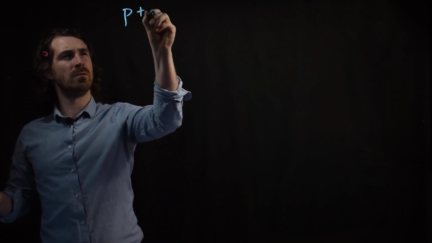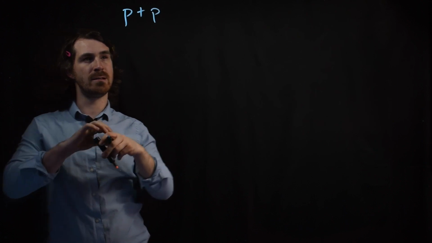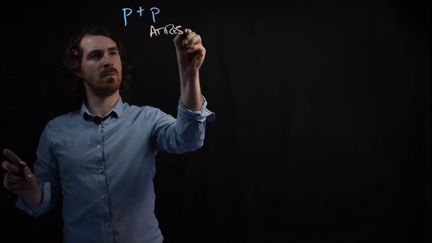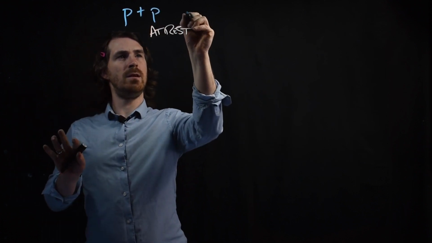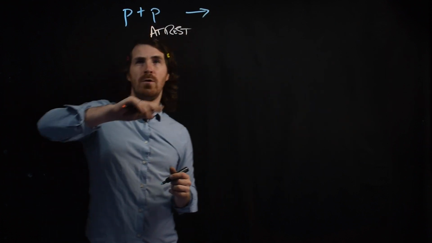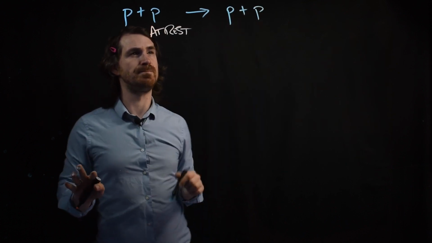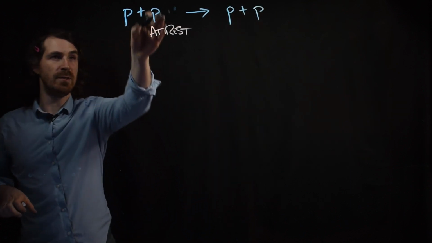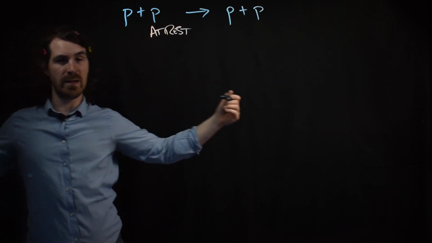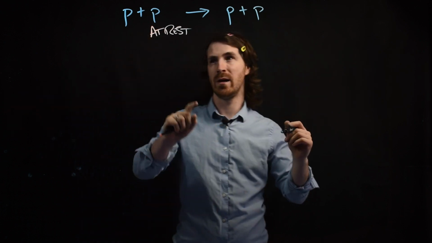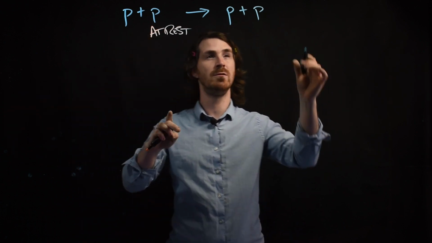So let's put this into action, and let's think about a problem where we have a proton that collides with a proton that's at rest. So it's at rest. And these form the proton and the proton, but some of the initial energy of these two colliding can be used to create mass, because mass and energy are interchangeable, remember.